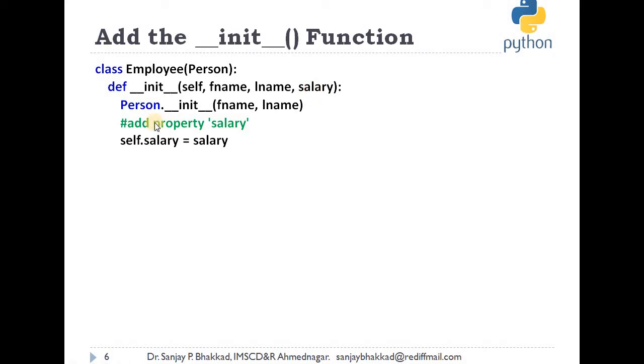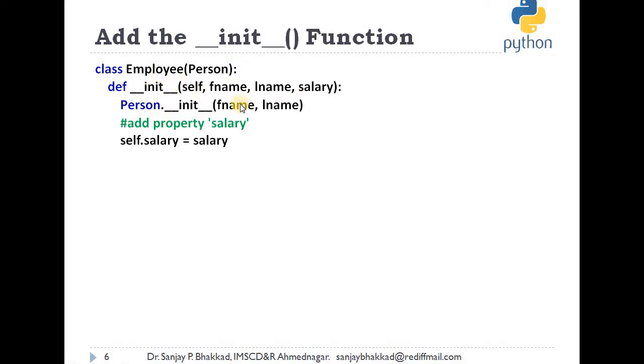From here you came to know that the variables defined within the init function are called instance variables. Hence fname and lname are the instance variables of the person class. Similarly, salary is the instance variable of our child class, that is the employee. And since the class employee inherits the class person, fname and lname are also now instance variables of this class employee.